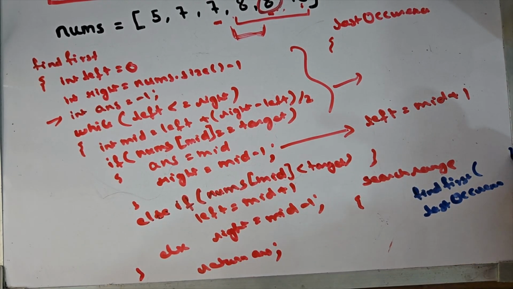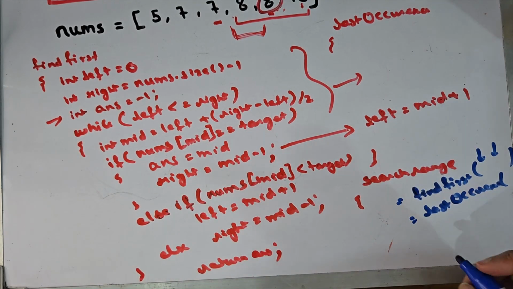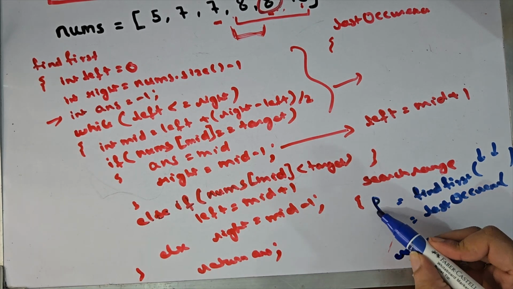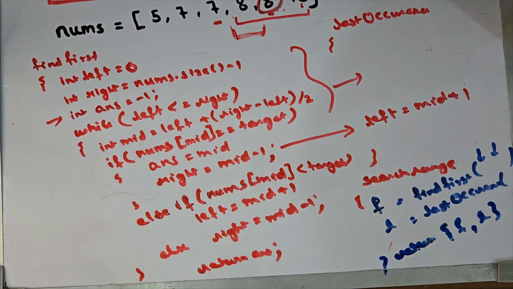We will call both these functions with the parameters nums and target, store the results in some variables, let's call them f and l, and return f comma l. So this is the answer for this particular problem.